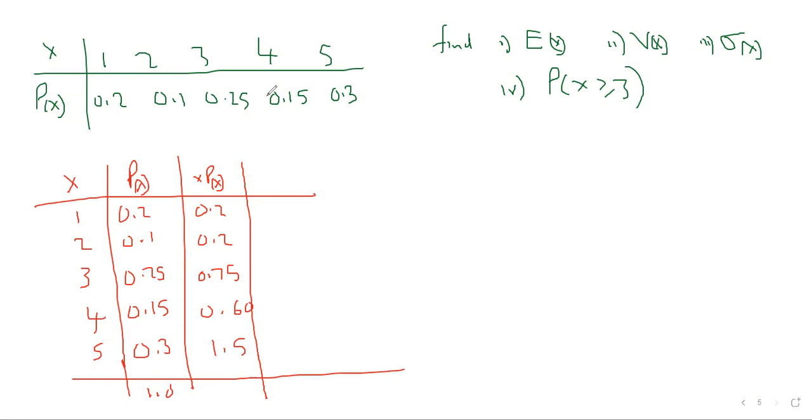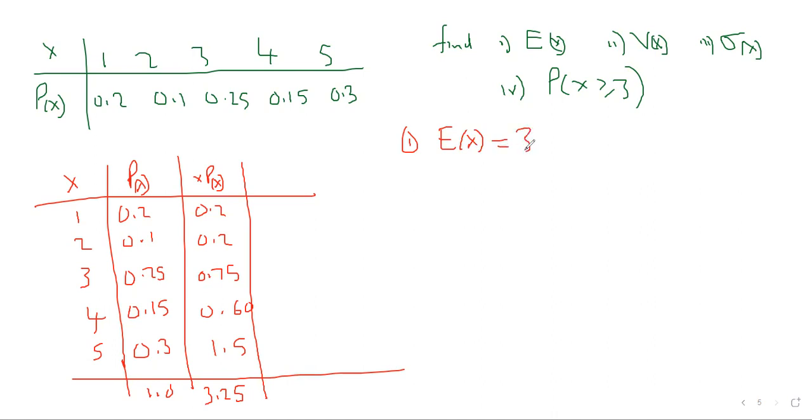Who can quickly total up for us? 3.25. So our mu, our expected value, is 3.25.